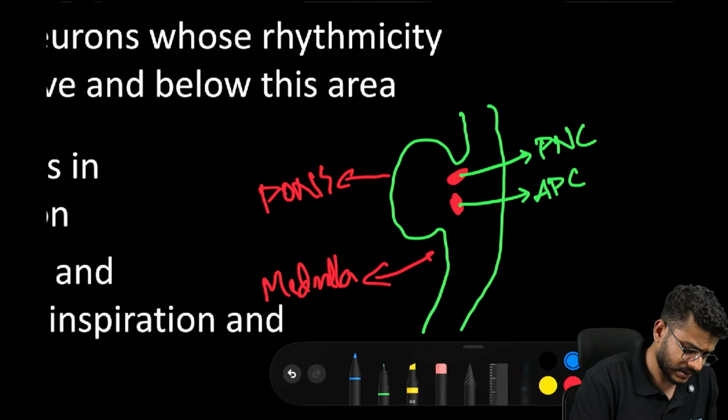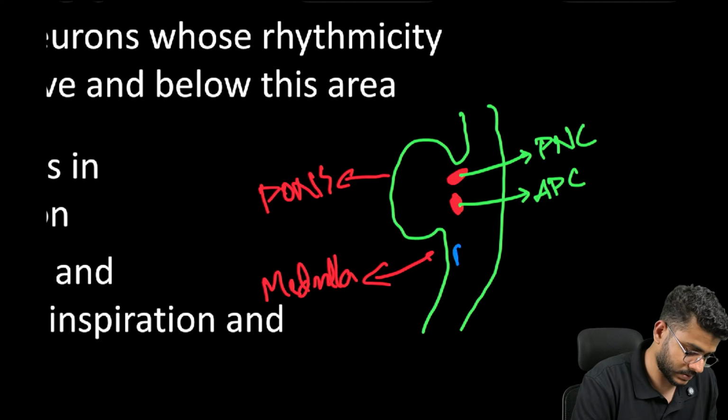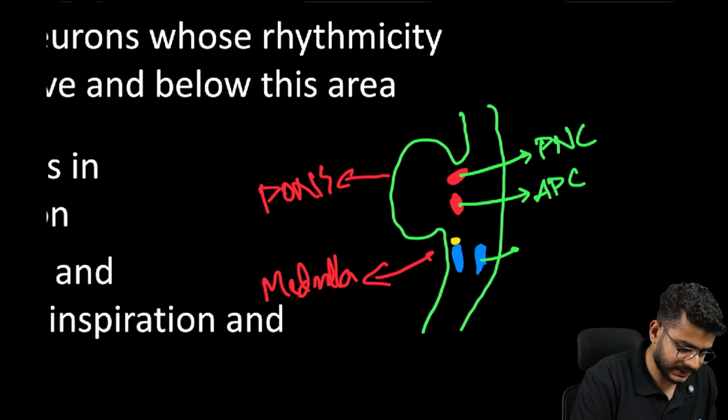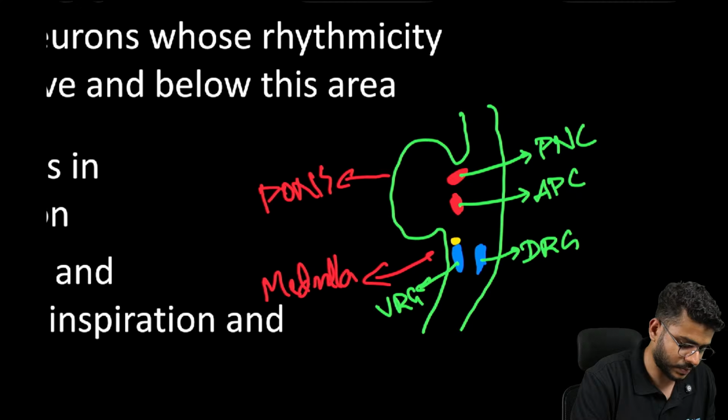And there are two medullary respiratory centers: towards the dorsal side, the dorsal respiratory group, and towards the ventral side, the ventral respiratory group.